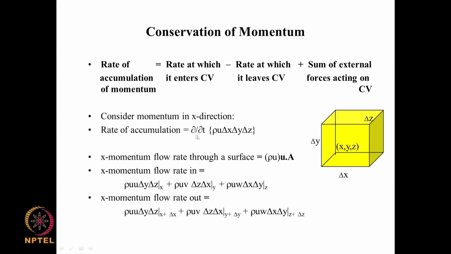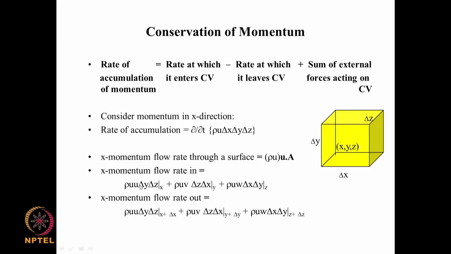This particular thing will give us dou by dou t of rho u. Now, this is plus and this is minus because this is entering and this is leaving. If you consider only these two terms and divide everything by delta x delta y delta z, then delta y delta z will cancel out, and these two will give us rho u at x. When we say rho u, it is equal to rho u square because these are velocity components, scalars.